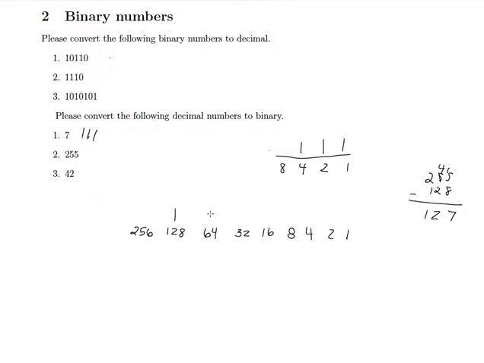Does 64 go in 127? Yes, it does. 63. Interesting. See this pattern developing. Then a 32, of course, goes in, and etc. So this is the long way you would do it. 16 goes into 31 until you reach the bottom of your calculation.